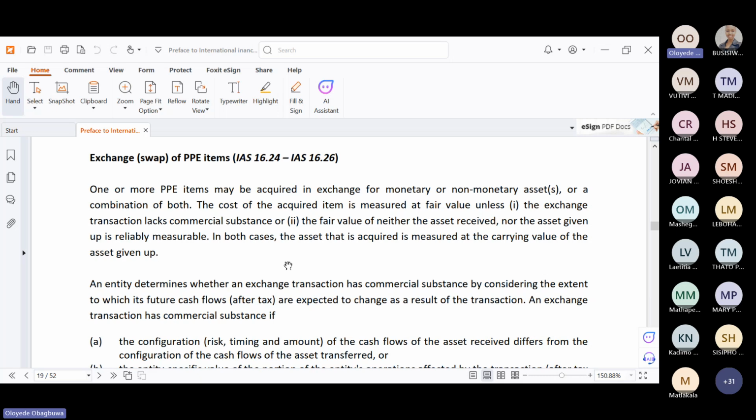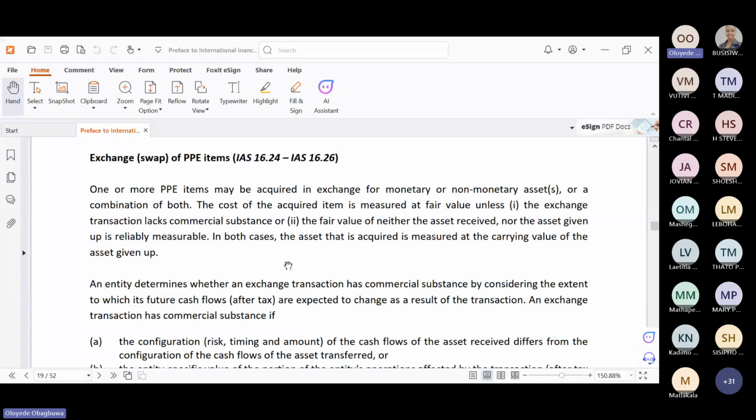And these are conditions. They are saying the cost of the acquired asset is measured at fair value. Normally, the questions will tell you whether there's a fair value. A fair value is a value that is market related. We are saying that the cost ordinarily should be measured at fair value, but there are conditions to it. Unless the exchange lacks commercial substance.